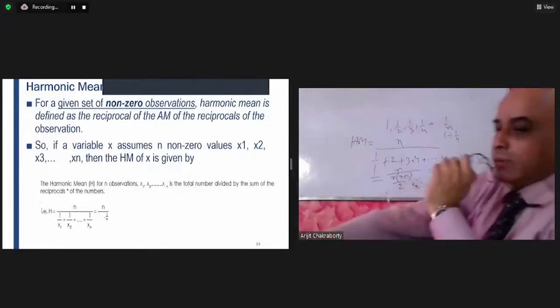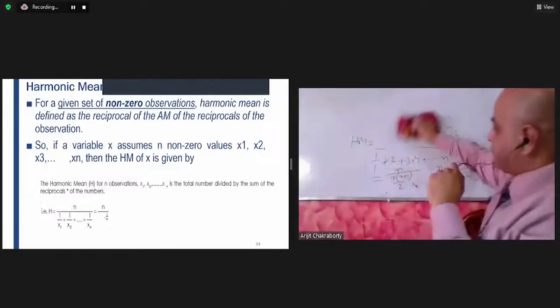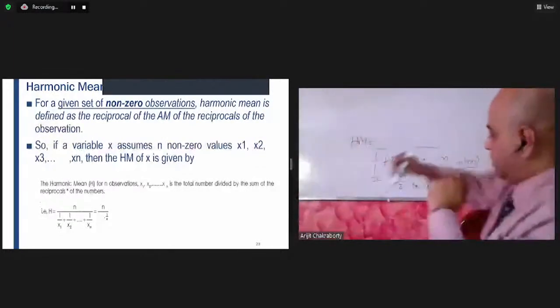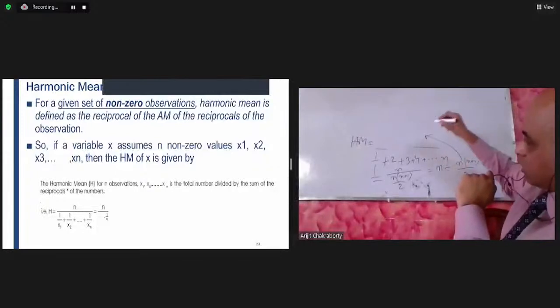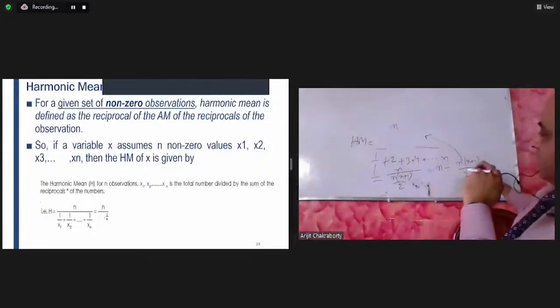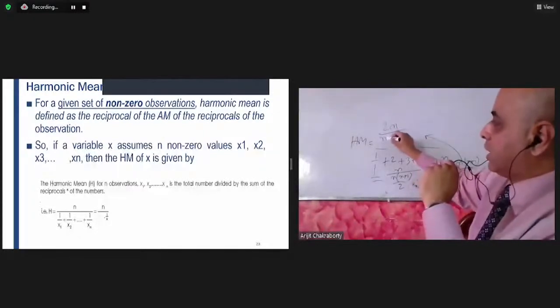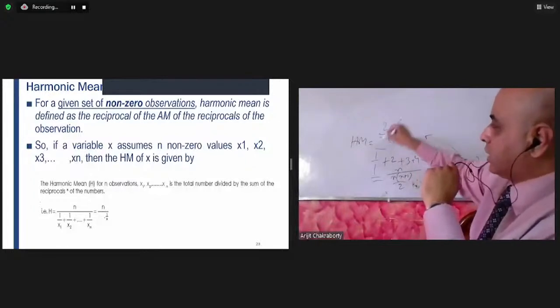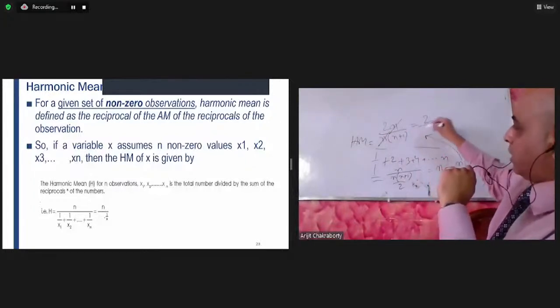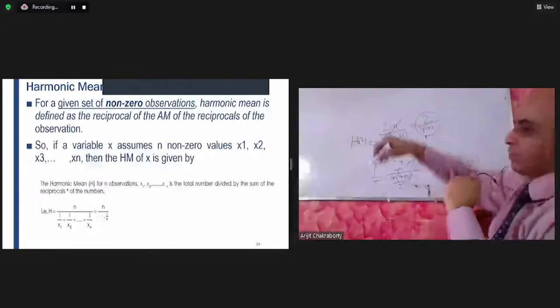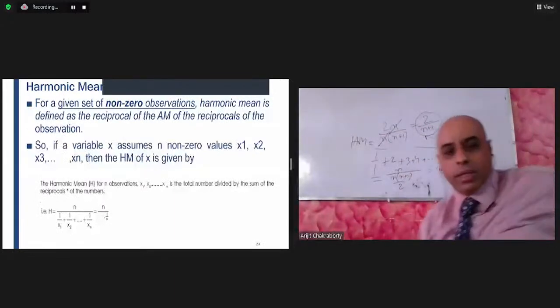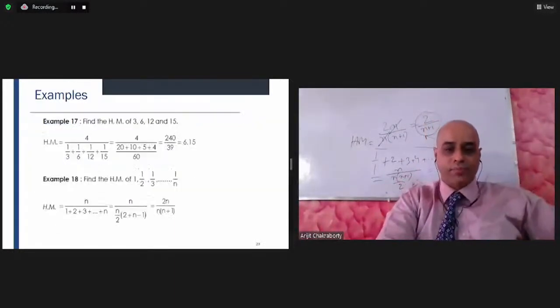This becomes n divided by n plus 1 into n by 2, so it becomes 2n divided by n into n plus 1. N and n cancel. So the answer is 2 by n plus 1.